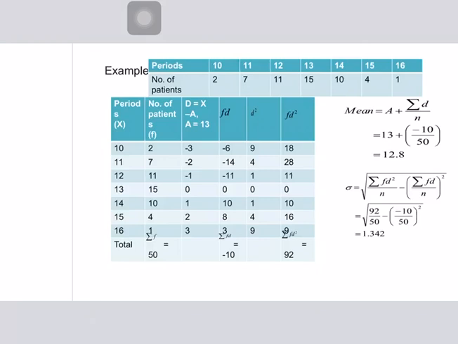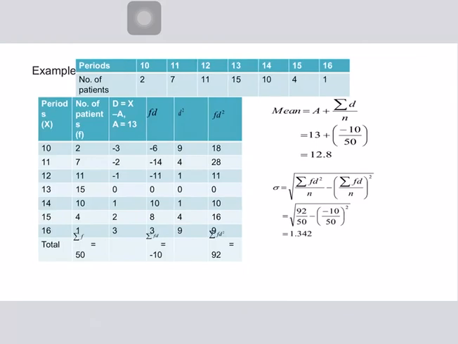In this question, periods are given, denoted by Xi, and number of patients are denoted by Fi, that is frequency. Now calculate deviation from assumed mean, and here we take A equal to 13. After the calculation of deviation, multiply second and third column and obtain summation FD, and that is -10.